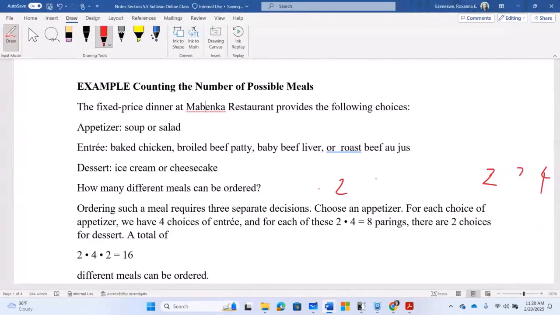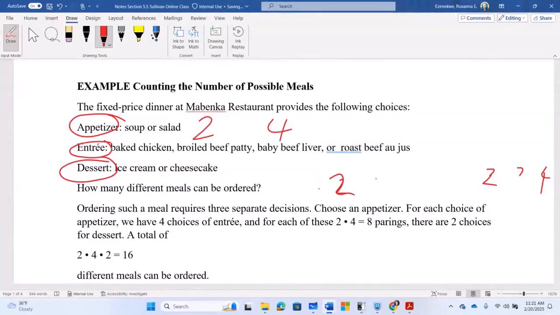There are 2 appetizers. There are how many entrees? 1, 2, 3, 4 entrees. And there are 2 desserts. Appetizer 2, entrees 4, and dessert 2.